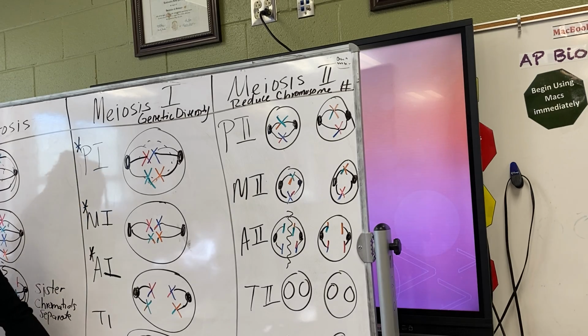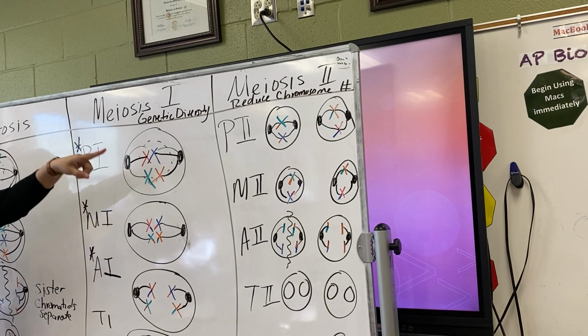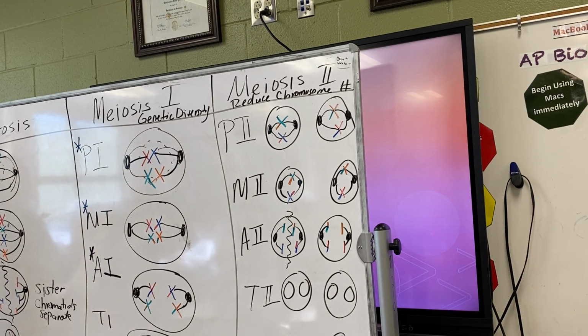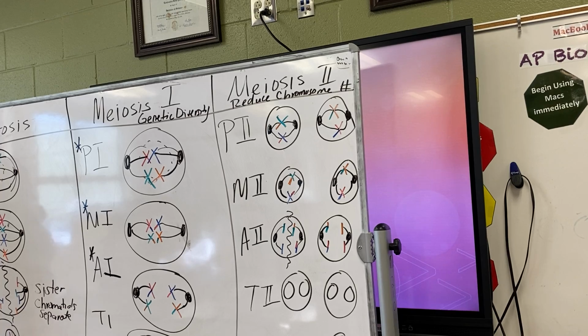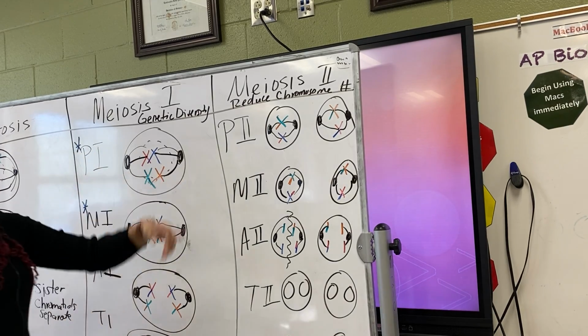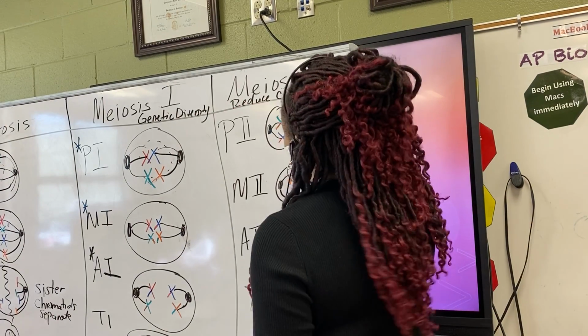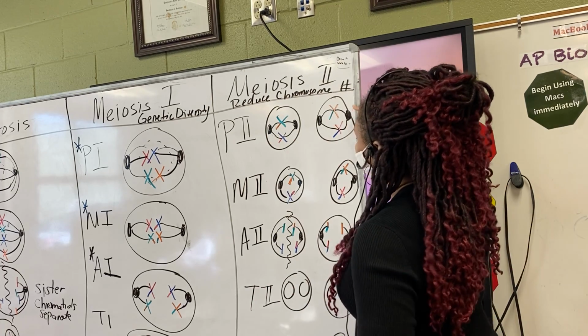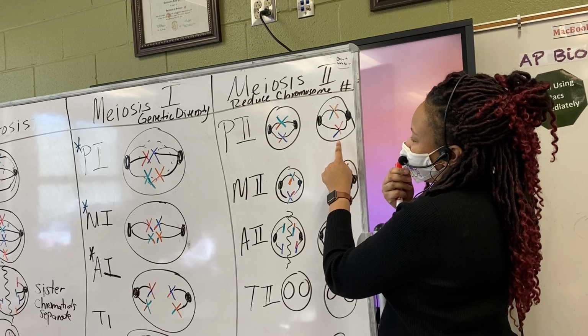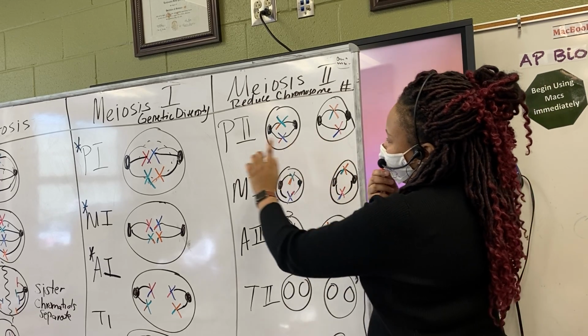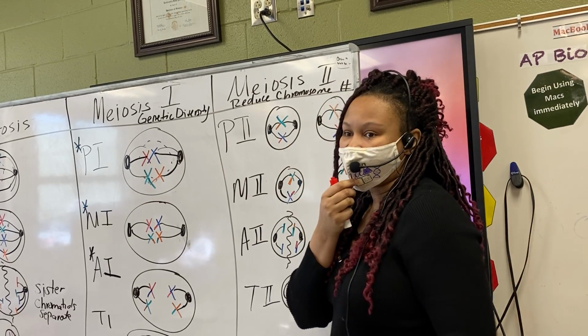These two cells go directly into the next division. There is no interphase, okay? These two cells divide their nucleus again. Now, so back to prophase 2. Nuclear membrane disintegrates. Spindle fibers attach. Look at how the spindle fibers attach to chromosomes in prophase 2 and in prophase of mitosis.